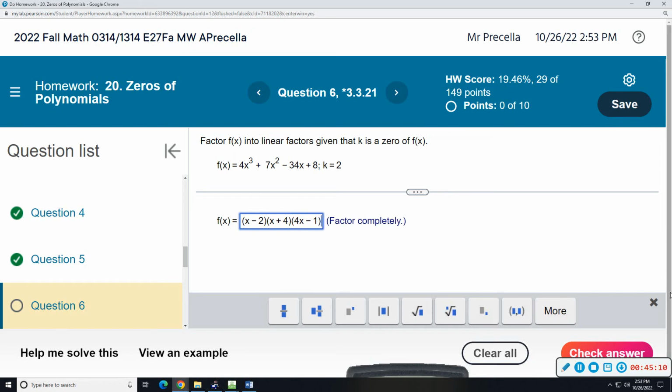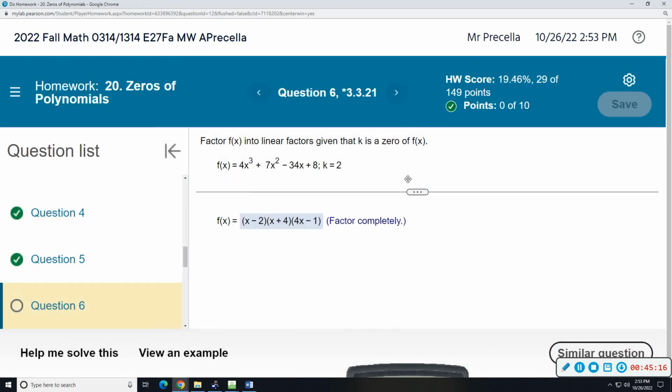And imagine trying to do this with trial and error. It would take a long, long, long time. I can't imagine that any of you have ever done the 3 sets of parentheses trial and error, because that takes a long time. Now, I want to point out something to you.